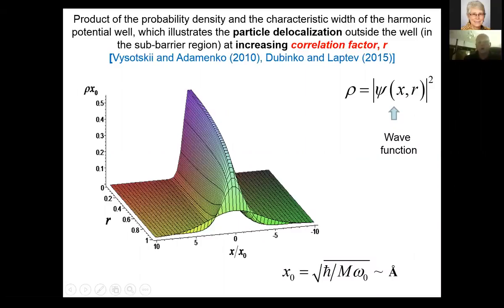But when the correlation appears, it becomes delocalized, as the lower part shows, which means that there is a high probability of the particle going under the barrier, and if the barrier ends at some point, some angstroms away, in principle, it can penetrate through the barrier.